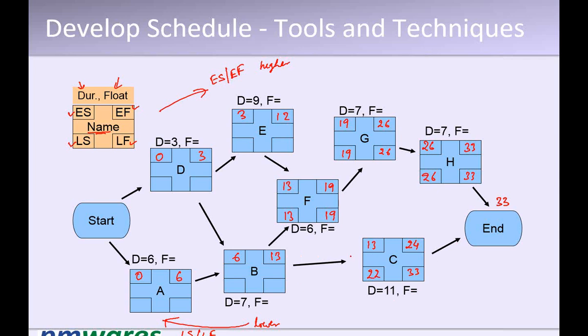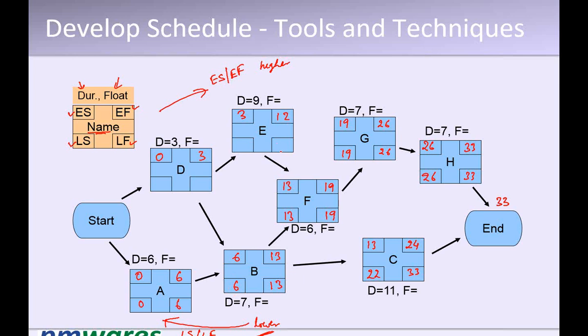Right? Come over here. It is the contest between 13 and 22. Which one will we take? We talked about when we are doing a backward pass, we will take the lower one. So it is 13 minus 7, 6, 6, 0.